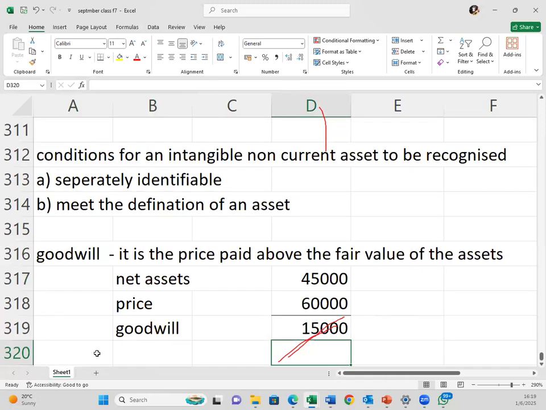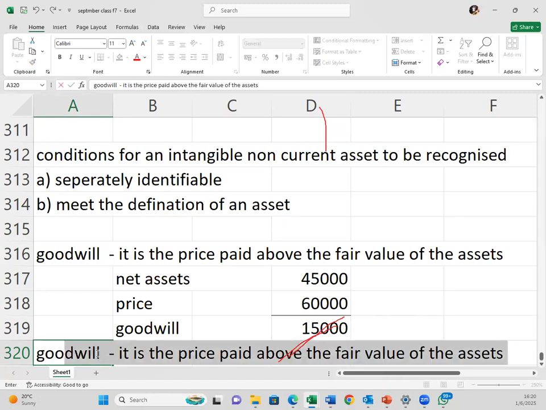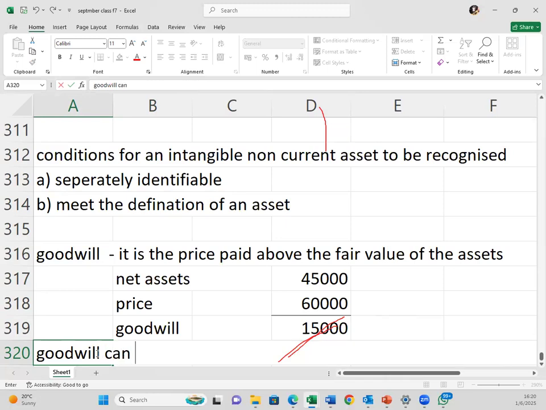This goodwill which has been generated is purchased goodwill. We have acquired this goodwill. So goodwill can either be purchased goodwill or internally generated.